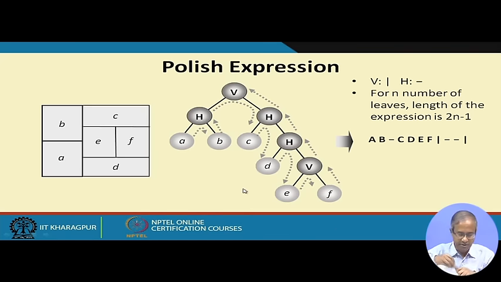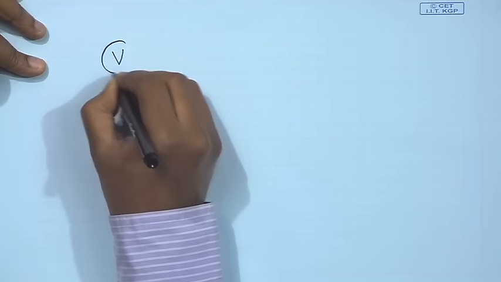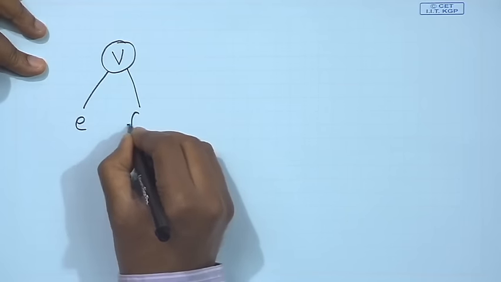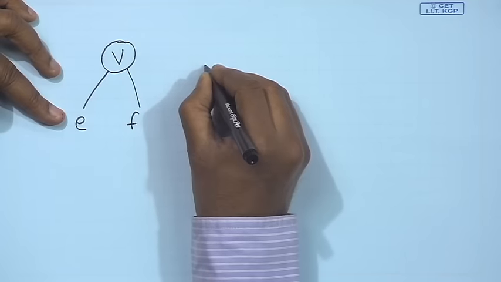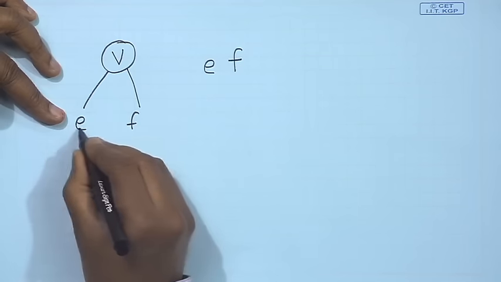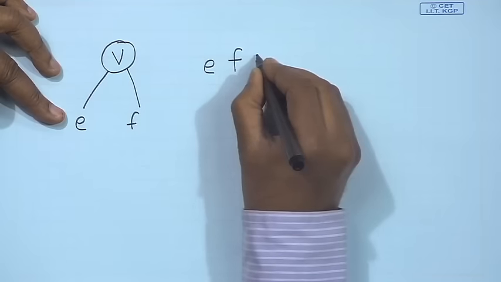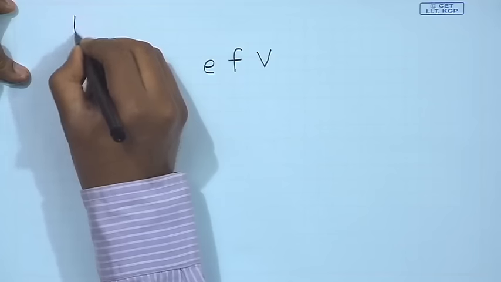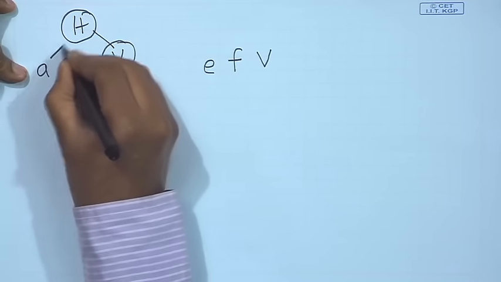When you have a node, let us say V, where you have E and F. In the Polish notation, we express it as, first we write the two leaf blocks followed by the root V. Suppose I have another H here, which connects here, and I have another block A connected here.